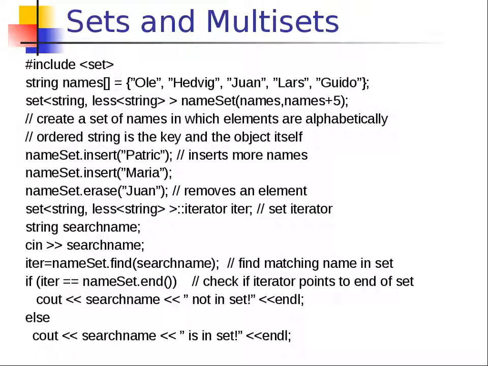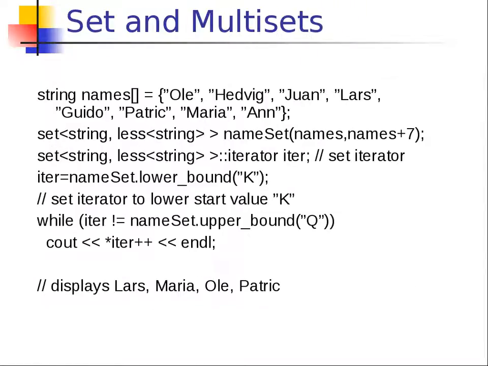Something that's ordered. What structure did we use that was ordered and efficient? Binary trees? Yes, a binary search tree. So sets in general use a binary search tree. Not all of them, but in general they do.